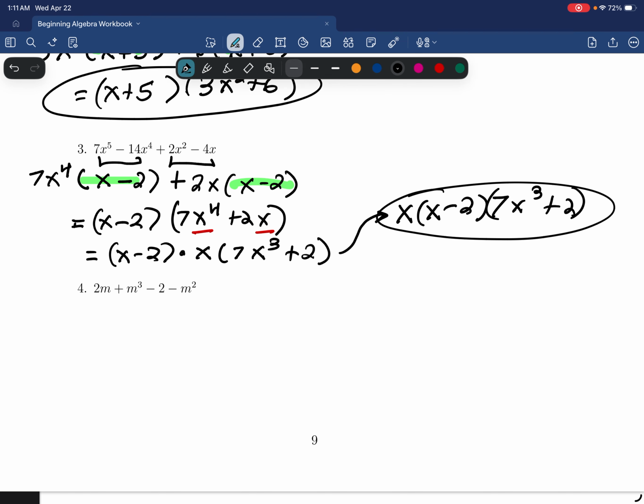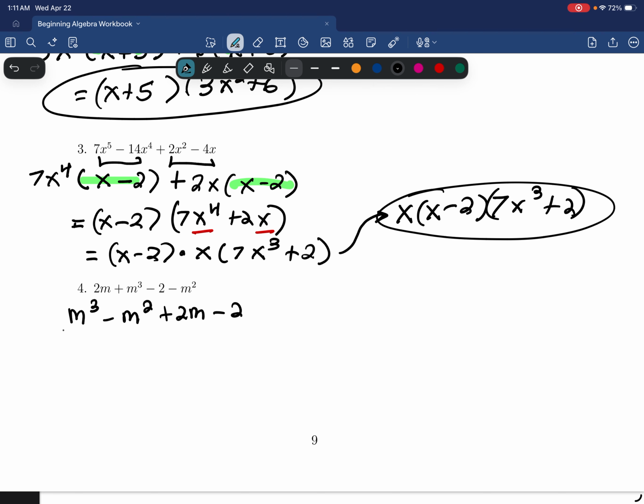So let's first start off by rewriting this in standard form. So remember, standard form, we're going to write the exponents in descending order from left to right. So here we're going to have m cubed minus m squared plus 2m minus 2.